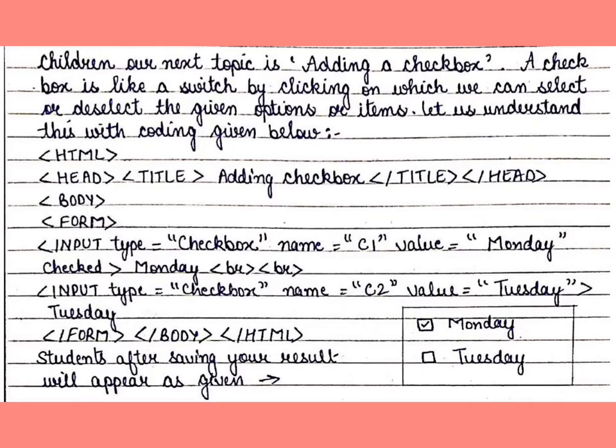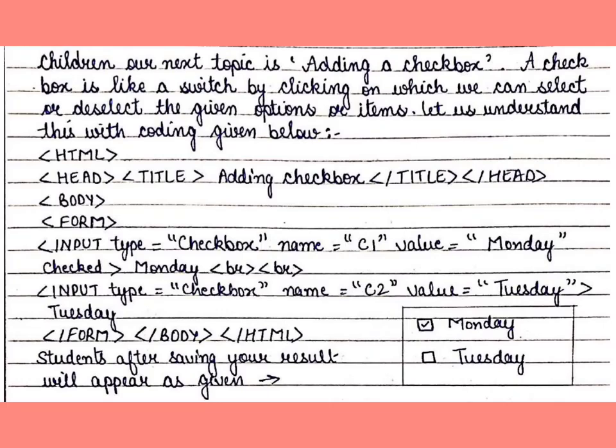Start with input type is equal to checkbox, name is equal to C1, value is equal to Monday, checked, Monday. BR tag is used for break the line. Next, write input type is equal to checkbox, name is equal to C2, value is equal to Tuesday.